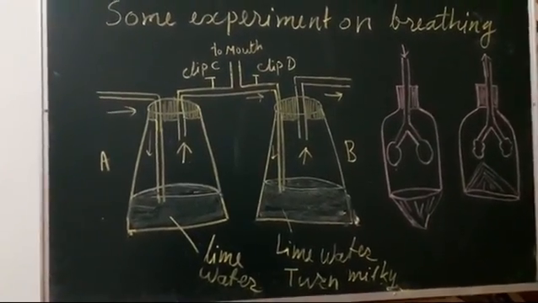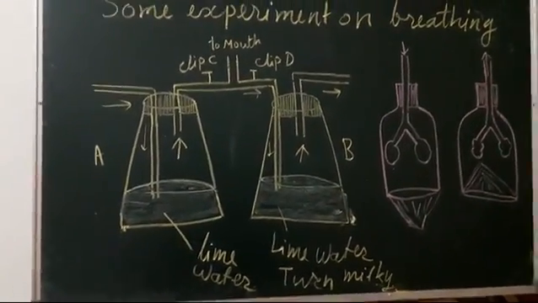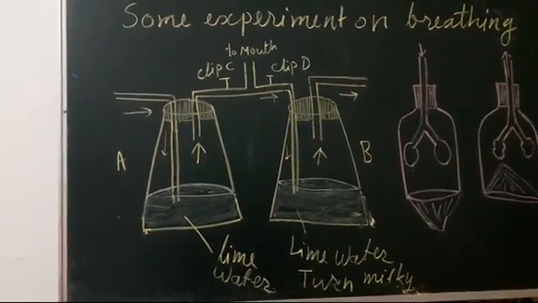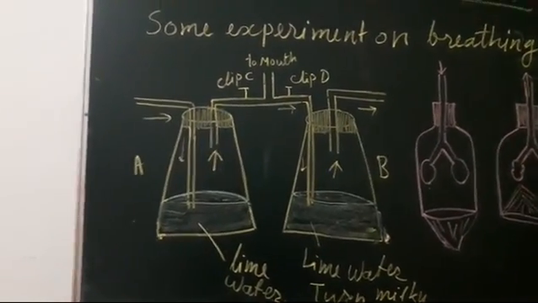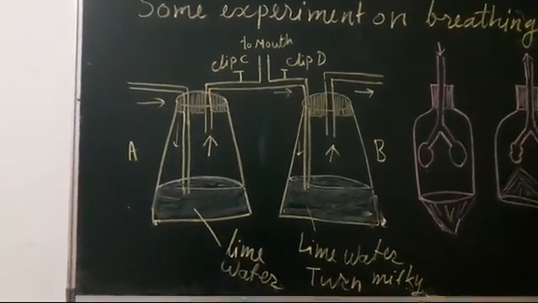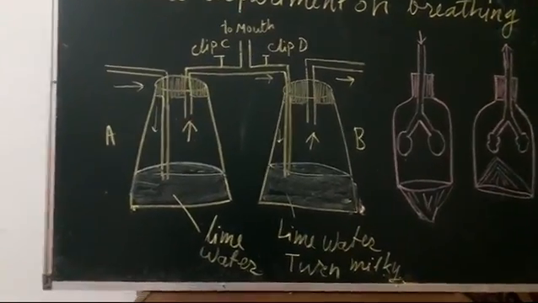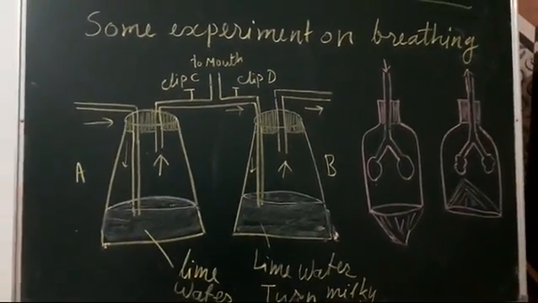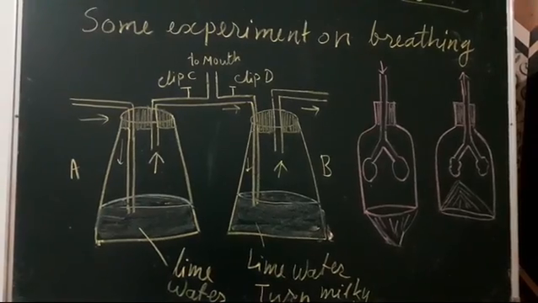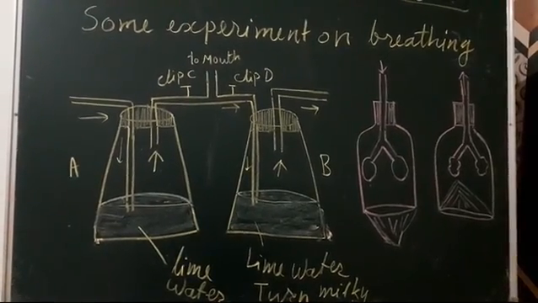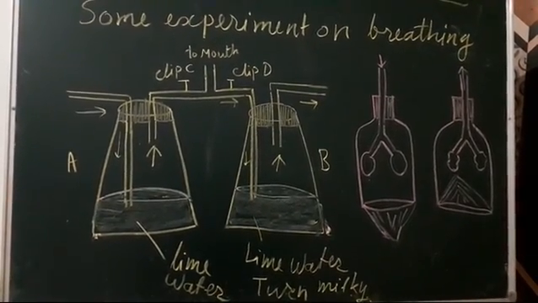So, when we sit in a crowded room with poor ventilation, one may feel this condition. It means this situation may occur. Very little oxygen reaches the tissues and one can feel suffocated.